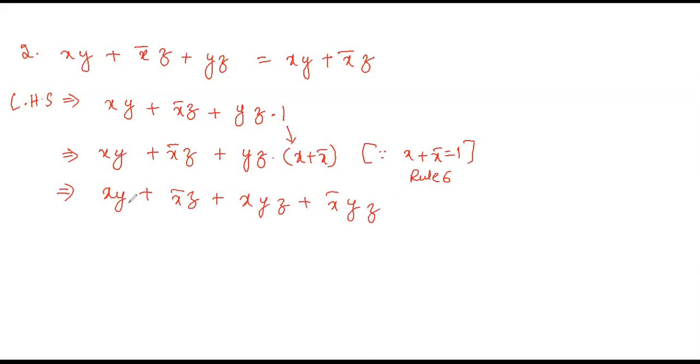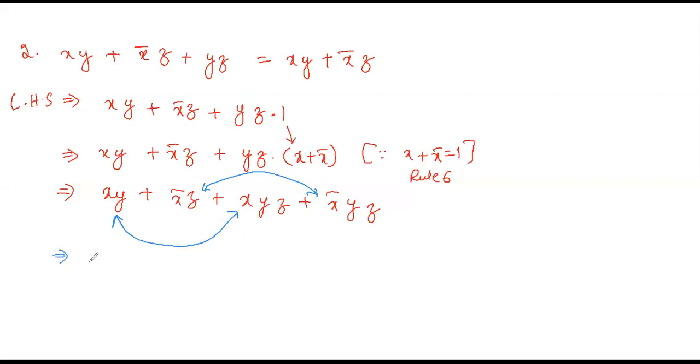Now try to group common variables. Here I have xy, and here also xy is there. I am grouping these two as one, and x bar z, try to group them.